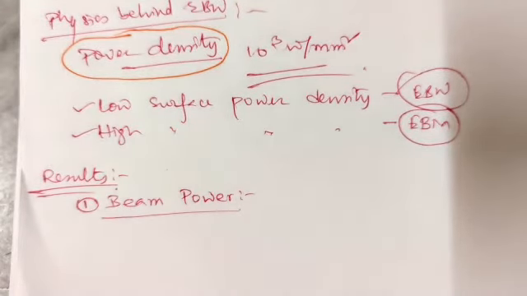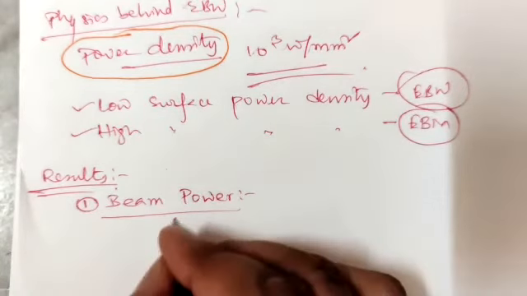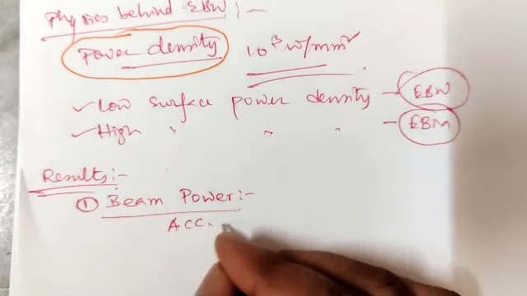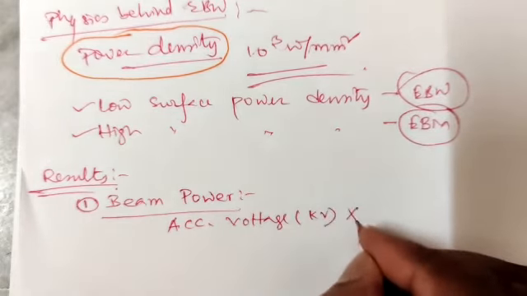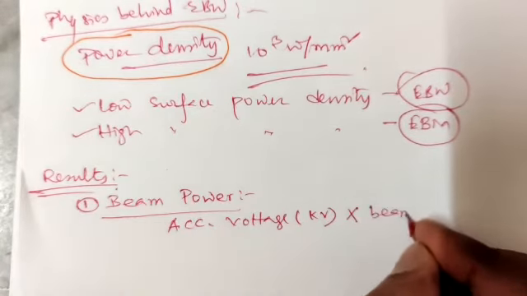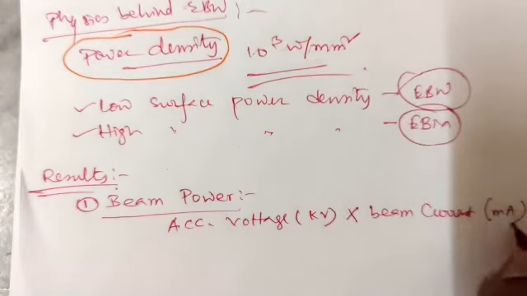The power of the beam, which is in watts, is the product of the accelerating voltage, which is in kV, and the beam current, which is in milliampere.